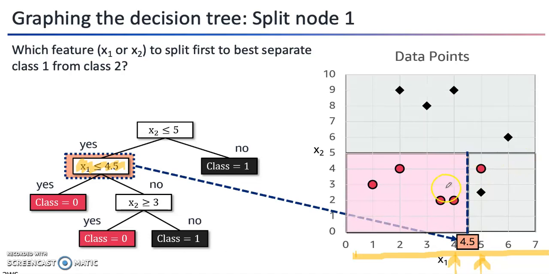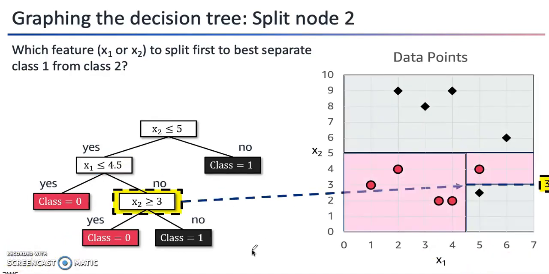So next we decide on another condition to subdivide that new subregion to the left of 4.5, and that condition is based on the values on the vertical axis.